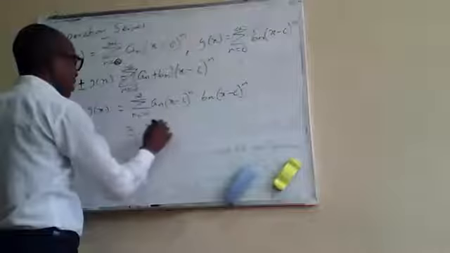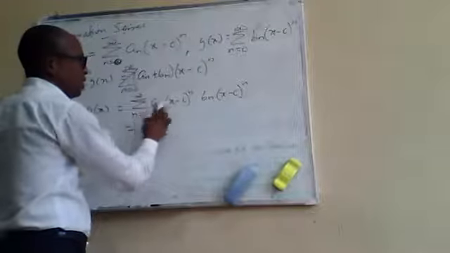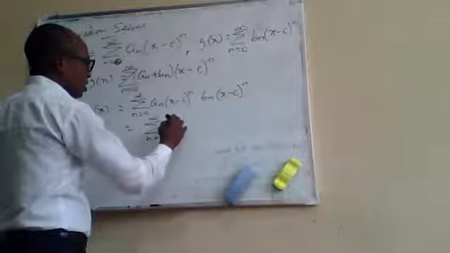When the two are multiplied together, there is a constant from an and a constant from bn. In that case, the two constants will combine into cn, and then we have (x minus c) raised to power n. So when you multiply two series, you can have something like that.